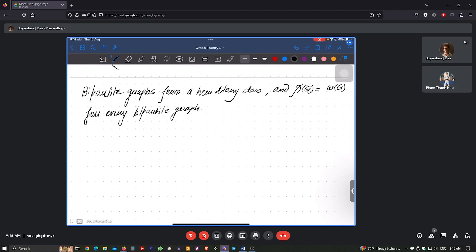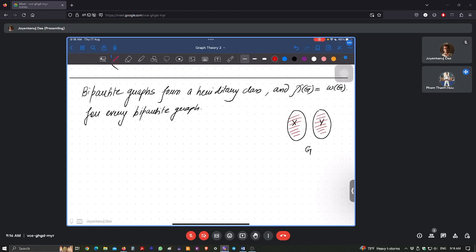There are exactly two partitions, suppose this is X and this is Y. If I consider a clique of size this whole X and another clique of size this whole Y, then I cover the whole set of vertices.